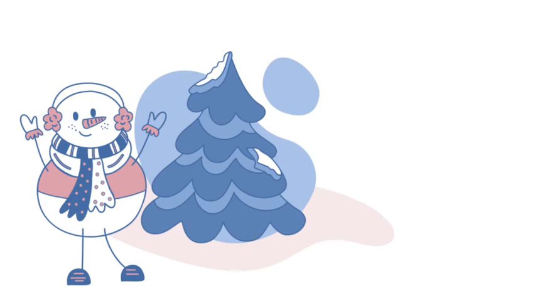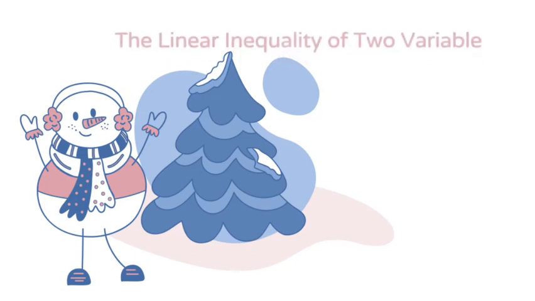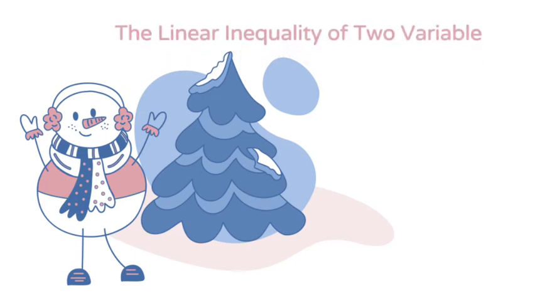Okay, now we learn the linear inequality of two variables. This is the prerequisite material that you must master before we learn linear programming. First, we recognize the general form of the linear inequality of two variables.